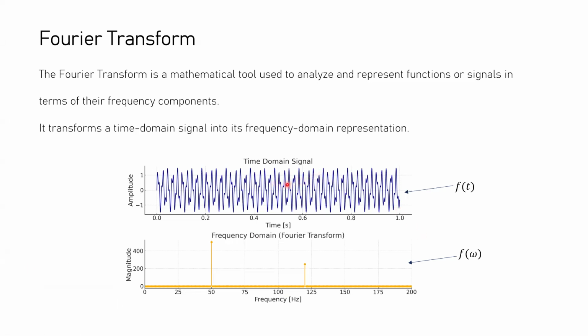In this figure, you can see some signal in blue where we plotted the amplitude of the signal with respect to the time. So we recorded the signal for 1 second. So this signal function is a function of time.